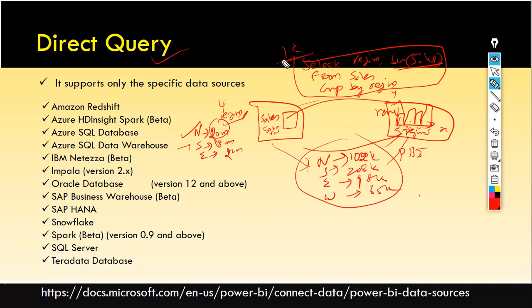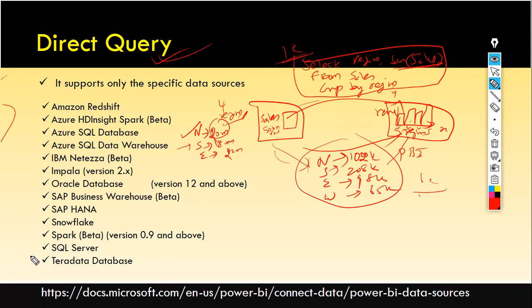Sending the query requires less size, and passing the result doesn't require much network, just four records, maybe 1 KB only. Sending 1 KB and getting 1 KB of data out of 50 billion records, direct query plays an important role. So this is really crucial if you use direct query in the case of a huge volume of data.